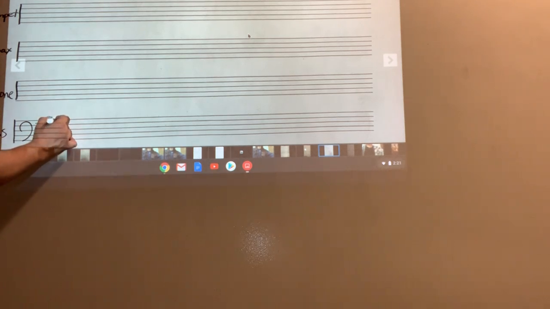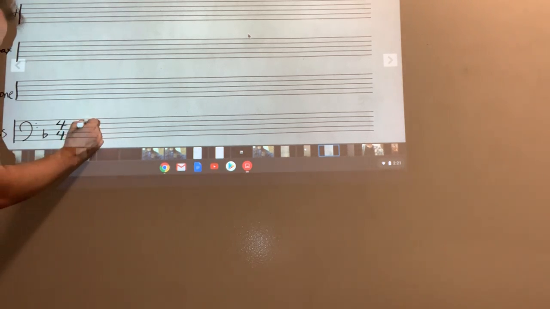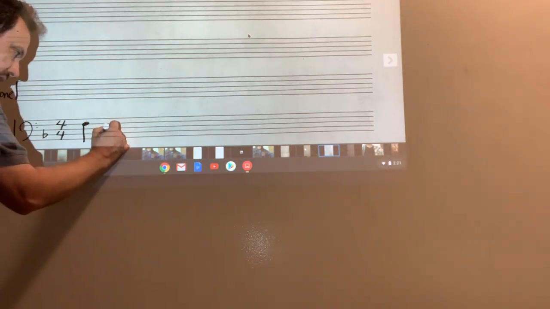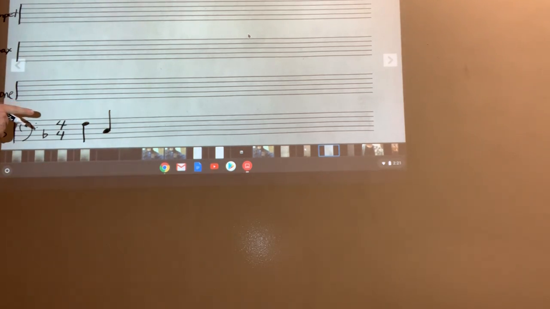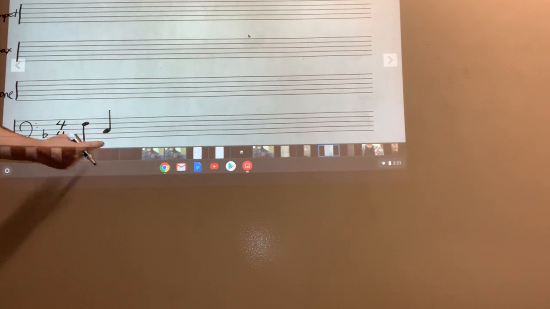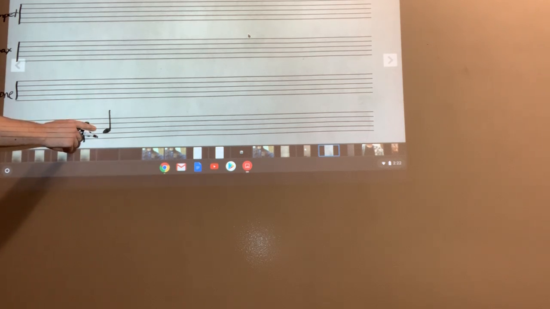The key and time signature are the same, and it starts on F. It goes F, C. The only thing you're going to change is stem direction, because in the example all the bass stems are down. You have to follow the stem rules: at or below the bottom line the stem goes up. Below the middle line, the stem goes up. At or above the middle line, the stem goes down.